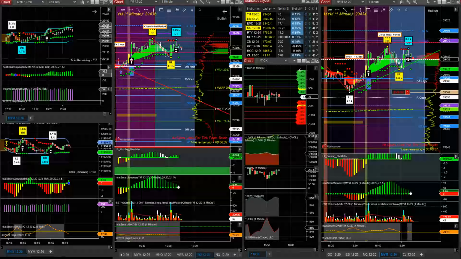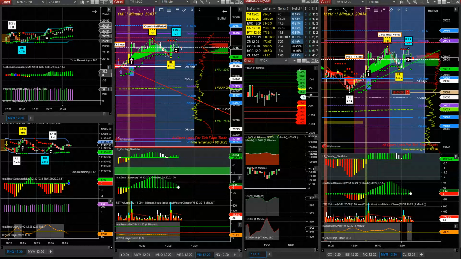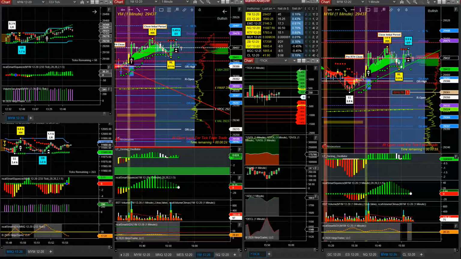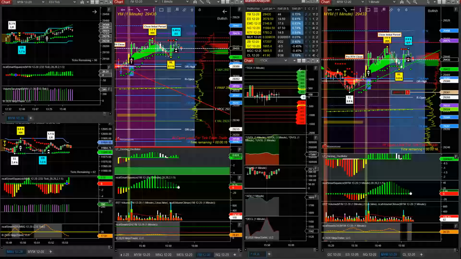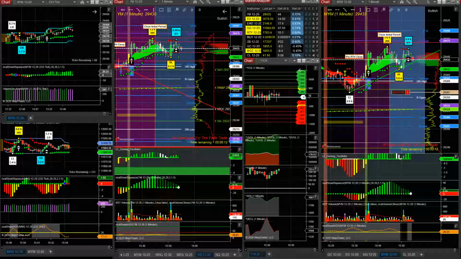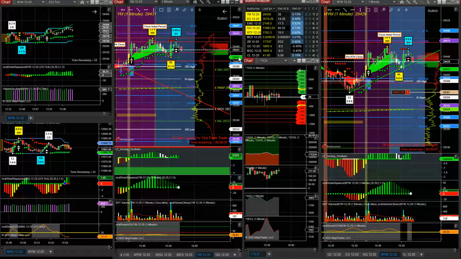Anybody that was short is covering, especially on NQ. So the shorts are covering on NQ and YM. The longs will take profit, which I think they did already. So what we remain in here is folks.